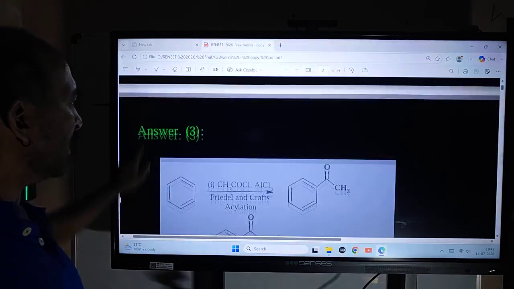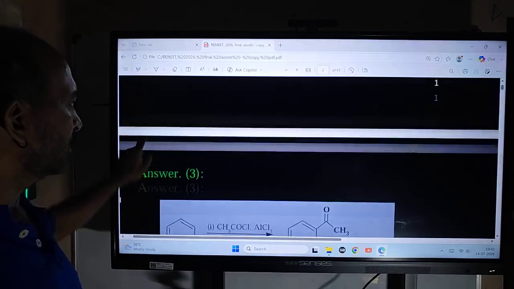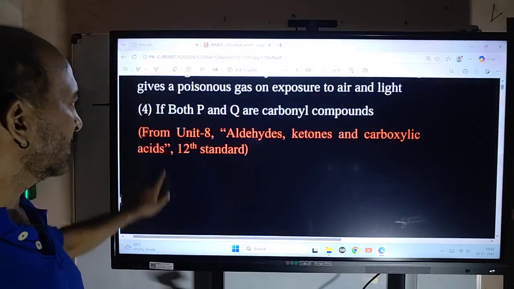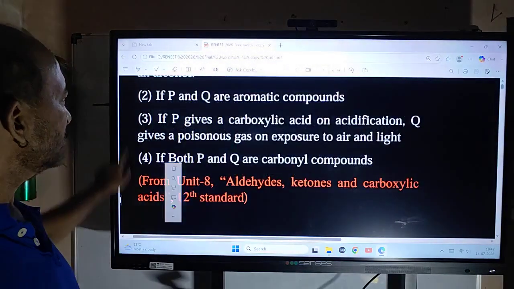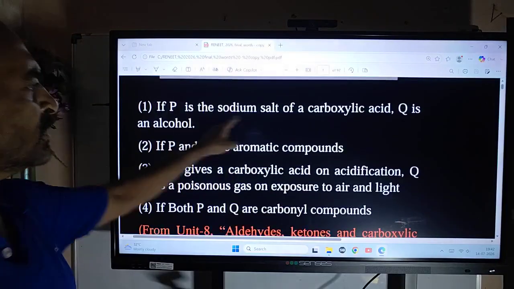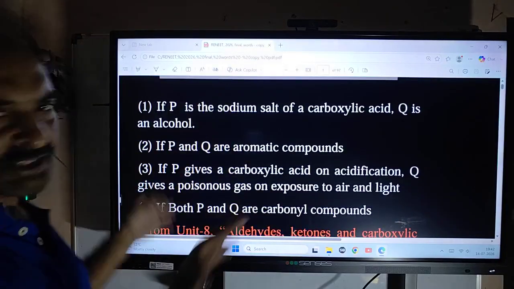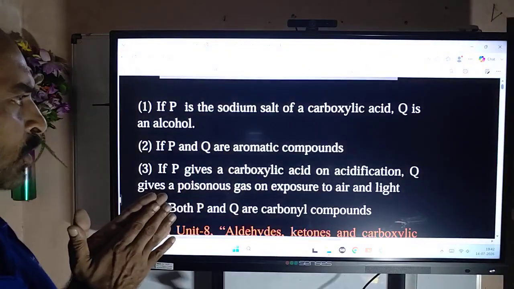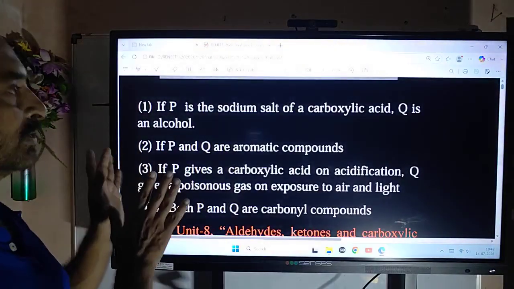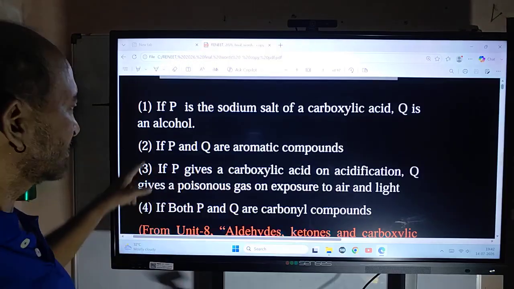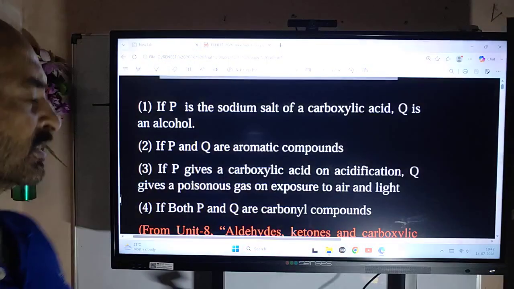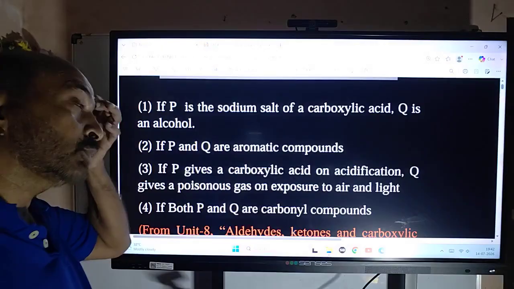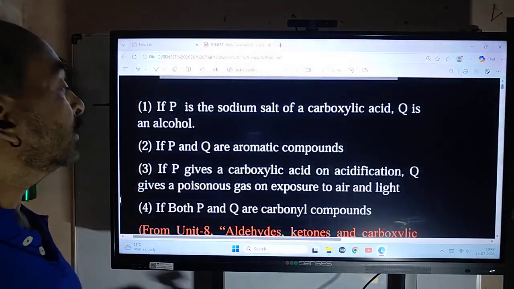Going back to the options given, look at them again. What's the first option saying? If P is the sodium salt of a carboxylic acid, that part is correct. But Q is an alcohol, that's wrong. So 1 is not the answer. If P and Q are aromatic compounds, that's also wrong. Only sodium benzoate is an aromatic compound.